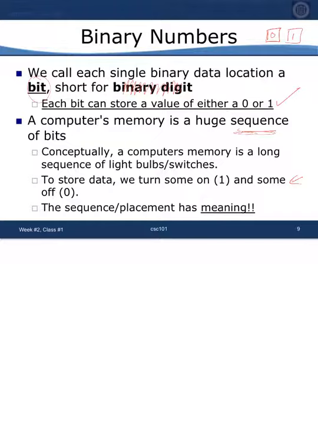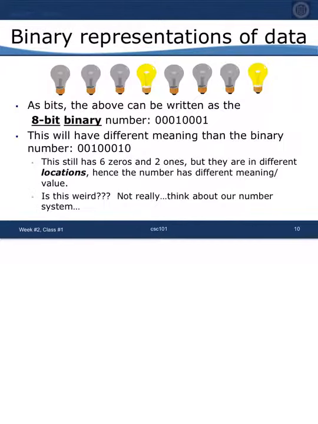Now, as you might imagine, the sequences of these numbers, the placement or location of them, also conveys a certain amount of meaning. I'll show you what I mean by that. First, let's make sure we're clear that the light bulb examples we've talked about so far could be translated into binary numbers.